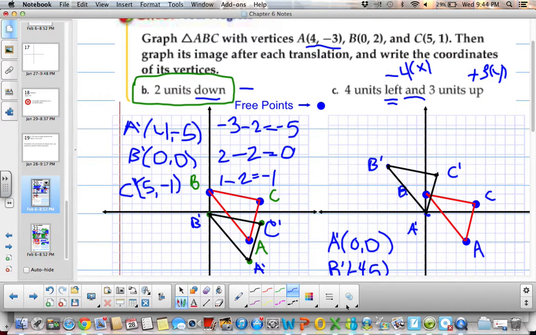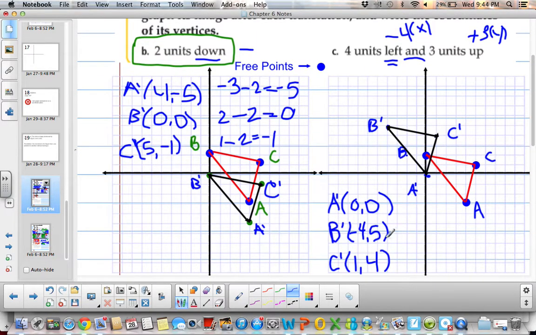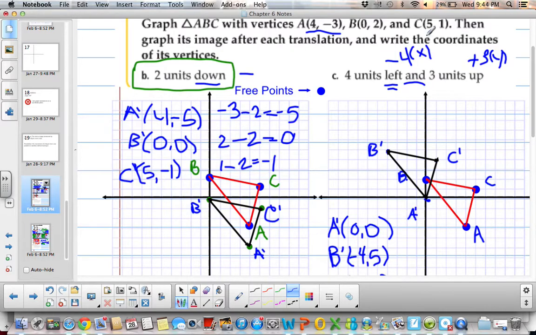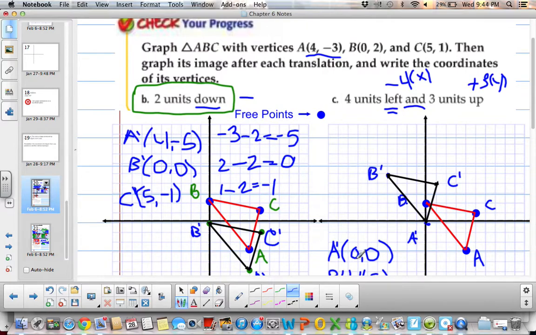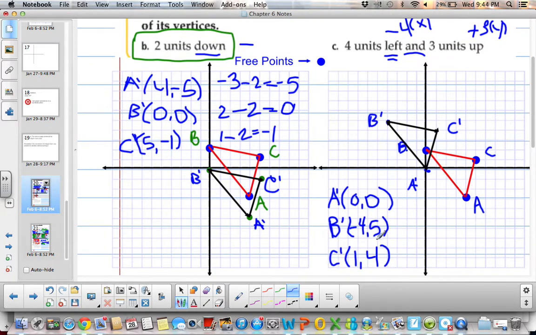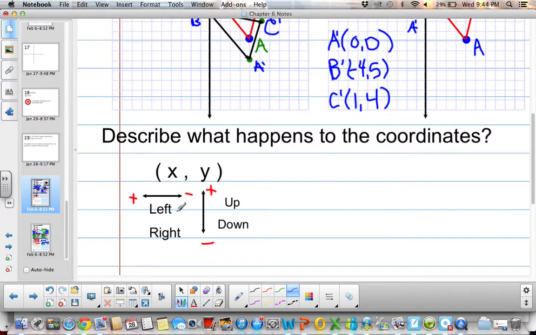For B, if you do 0 minus 4, you get -4. 2 plus 3, you get 5. Okay, and then C is 5, 1, so 5 minus 4 is 1, and then 1 plus 3 is 4. So kind of like what we just talked about, if we're going to the left or to the right, it's going to affect our X. If we're going up or down, it's going to affect our Y.